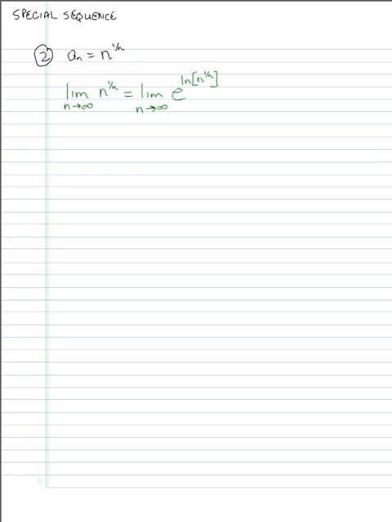See, that's what we just talked about a while ago. Now, because of properties of logarithms, the natural log of n to the power is the power times the natural log. And so this ends up being the limit as n approaches infinity of e to a power that is 1 over n times the natural log of n.